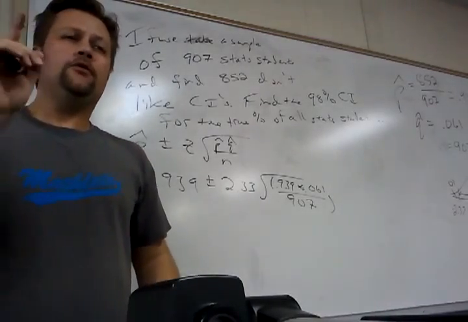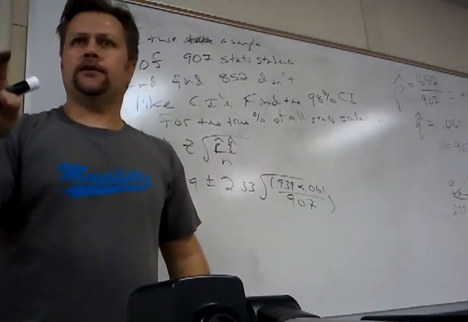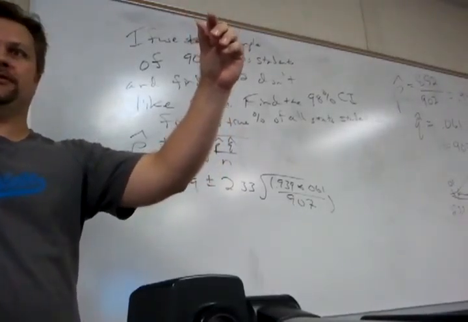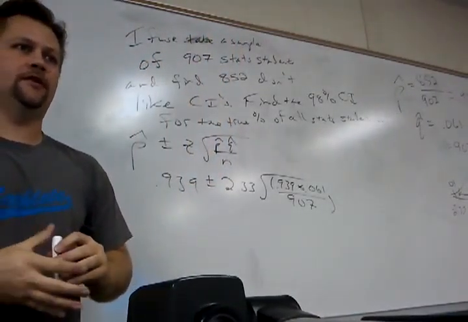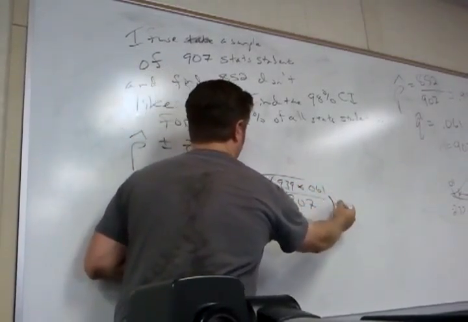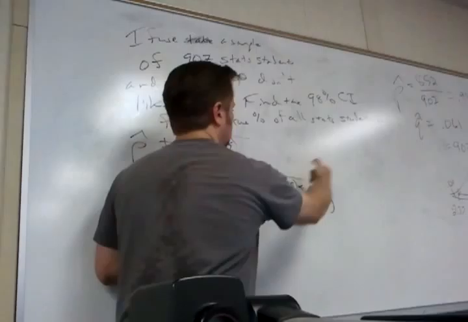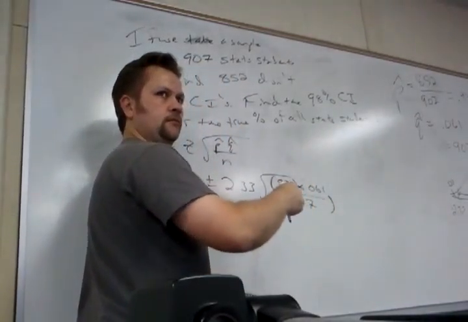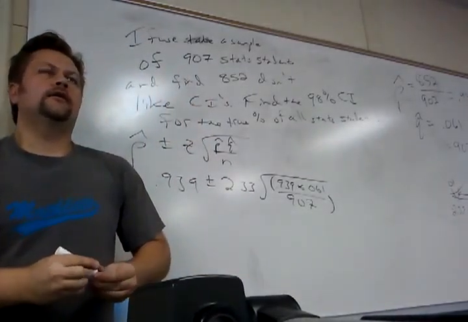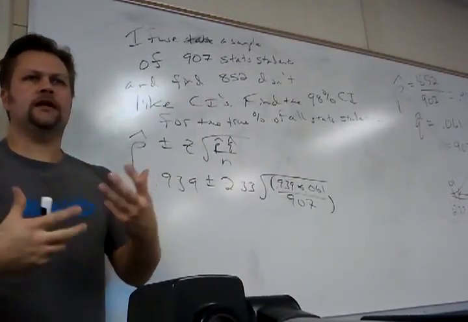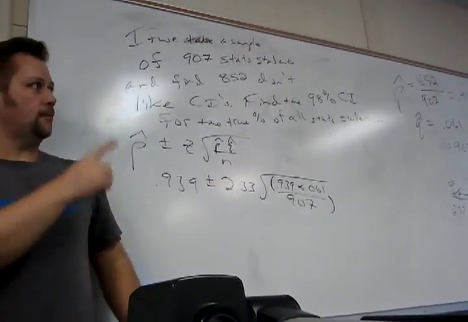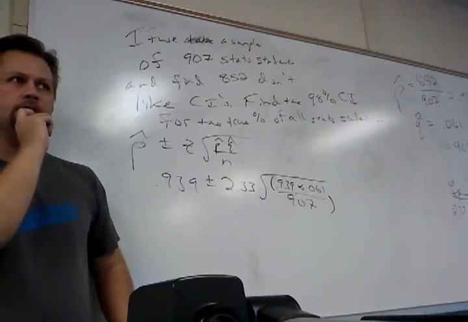Those of you who have the newer TIs or have updated your TI online and your square root symbol actually grows to cover everything, you're going to have an easier time with this. The rest of us, when you open that parenthesis, you don't want to close it so you're done. If you close it here, you're outside of the square root symbol now. That's the mistake that's made the most. So I'm going to do this up on the board to show you how to put this in the calculator correctly.